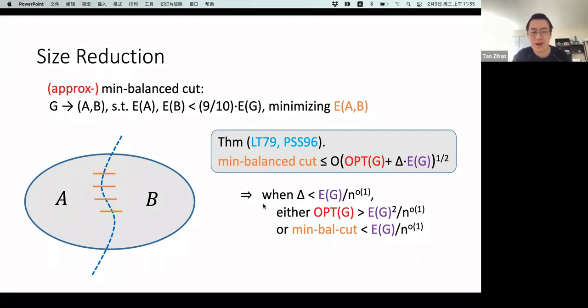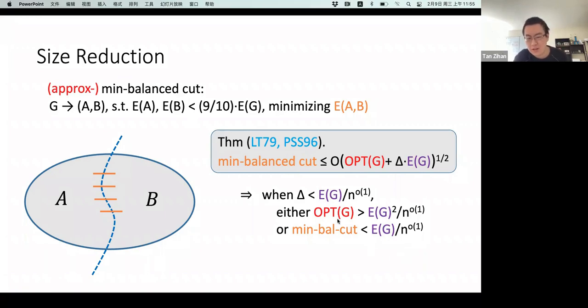What we have from this previous result is that if the max degree is not crazy, where crazy means one vertex takes up almost all edges in the graph, so if the max degree is bounded by E_G over n to the little 1, then either OPT is E_G squared, or the minimum balanced cut is significantly less than the number of edges. Just by looking at this inequality for a minute, you get this either-or type of argument.